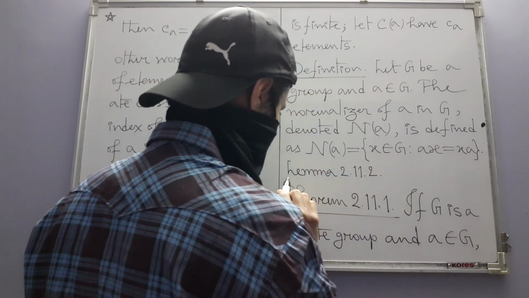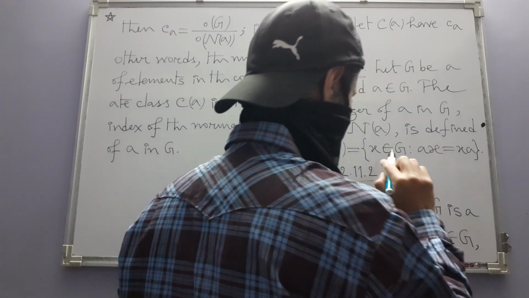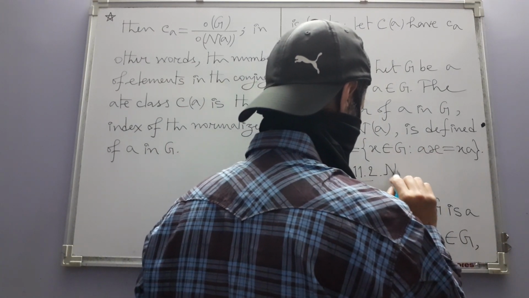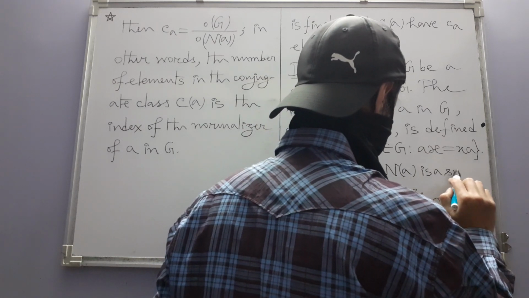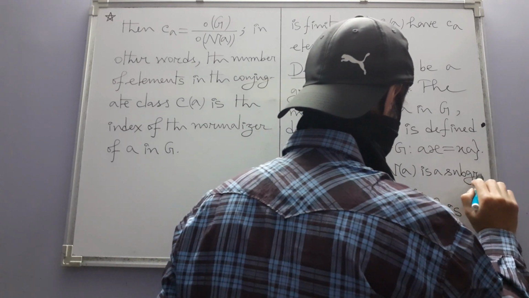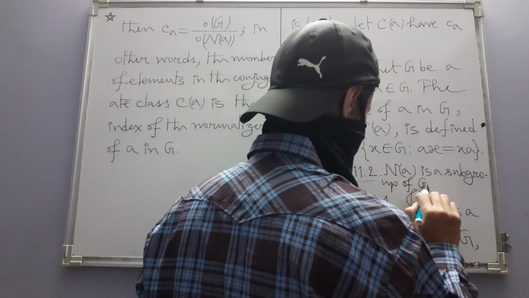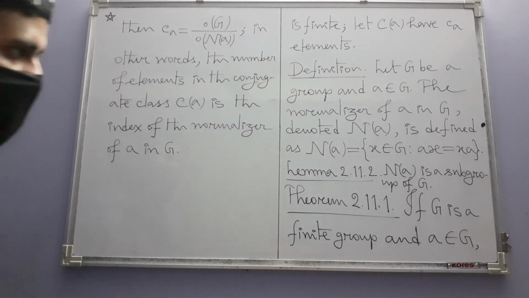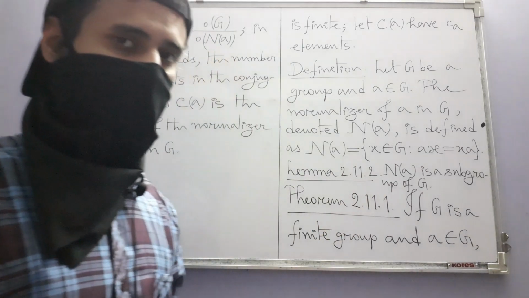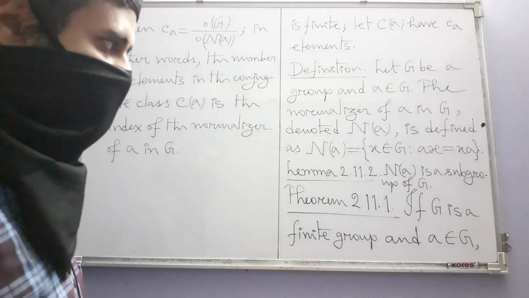It will be 2.11 because we have already seen another lemma, which is that N(A) is a subgroup of G.